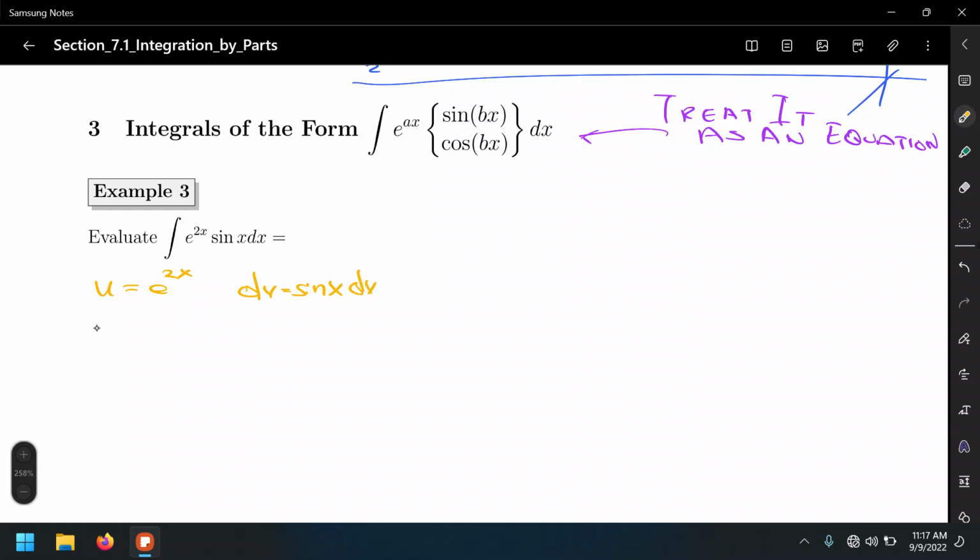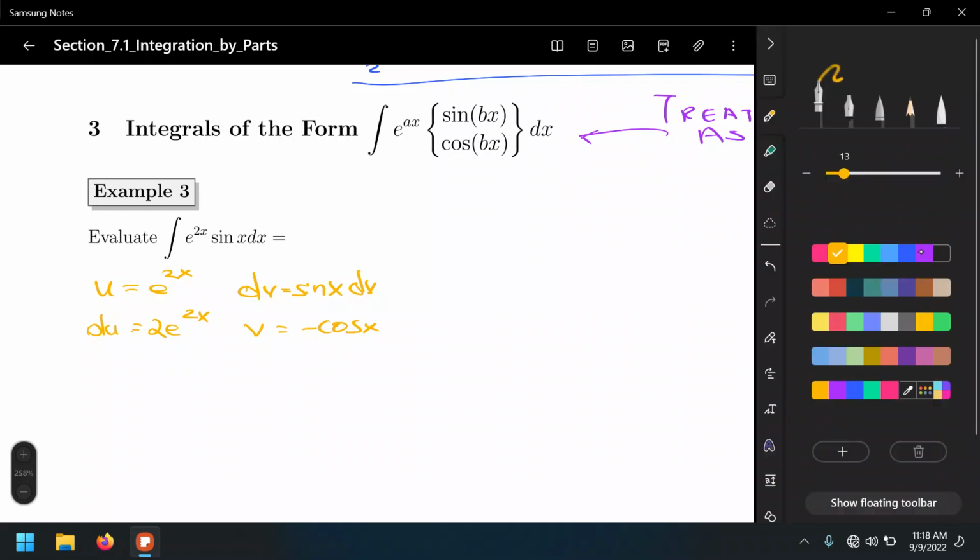So du is the derivative of the exponential, which is itself, times the derivative of the exponent, 2. The derivative of 2x is 2. And v is the integral of sine, which is negative cosine x, right? So we have the four parts right now. Okay, let's get it done.